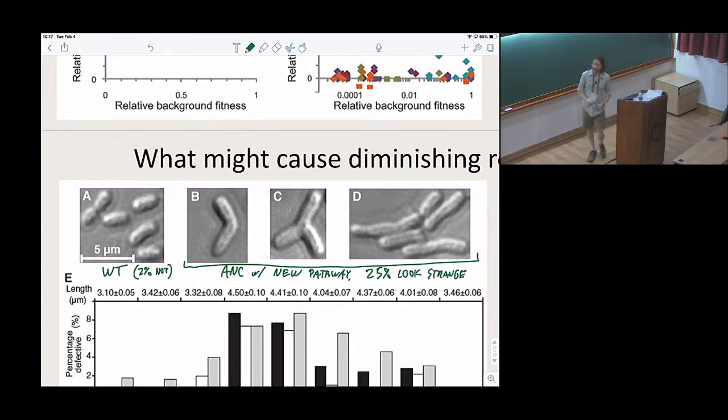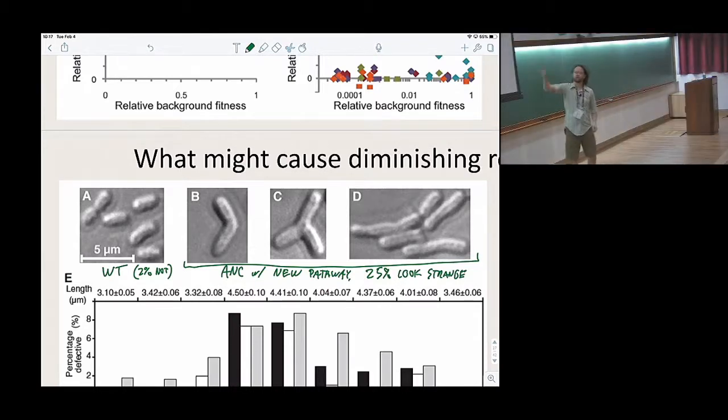And what do we mean by strange? They're either significantly elongated, hooked like a boomerang, or triply branched, which is like three cells that can't let go of each other. Those look pretty weird.